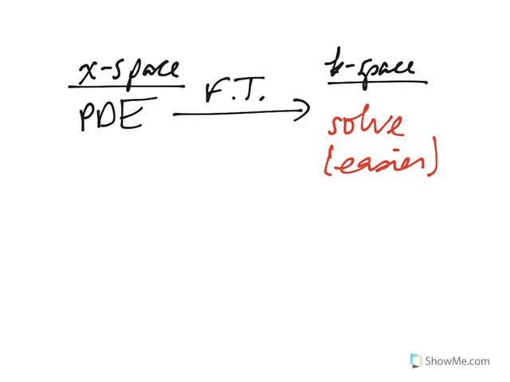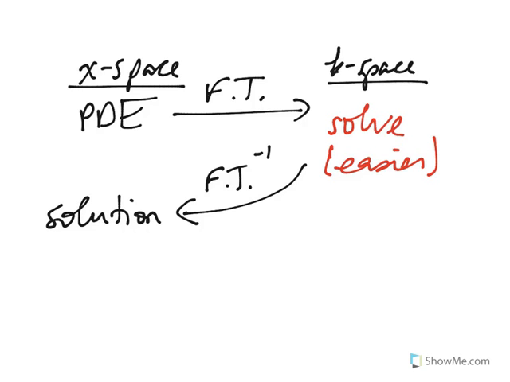And then we use the inverse Fourier transform, which we just defined, to get our solution. Now, there's a wonderful analogy to making clothes. So when you're going to make a piece of clothing, say a dress, you turn the pieces inside out and then sew them together with them inside out, and then you turn them back right side out.